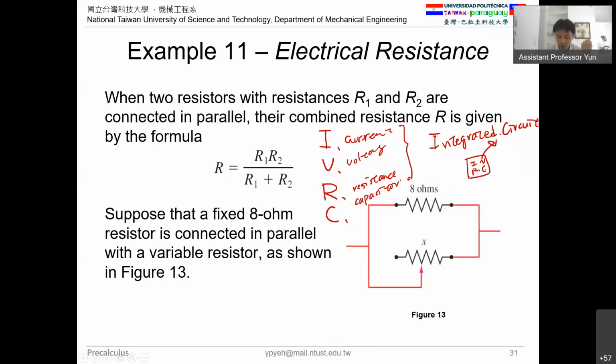Okay, just simply to do that. So you can see that the IC is quite important in the semiconductor industry. Okay, but anyway, here we just give an example with the resistance.